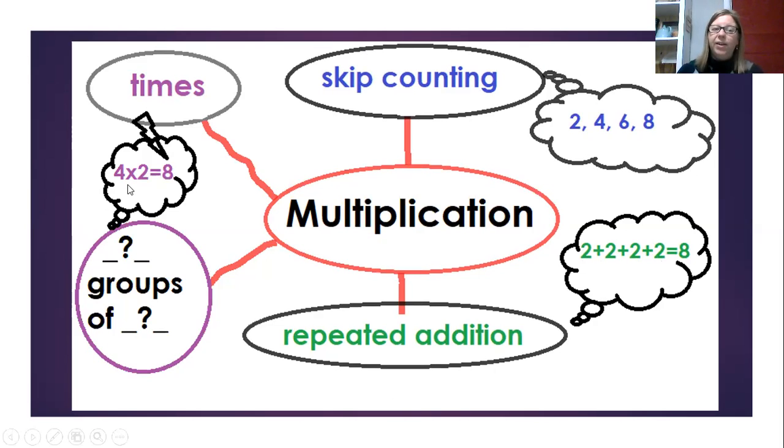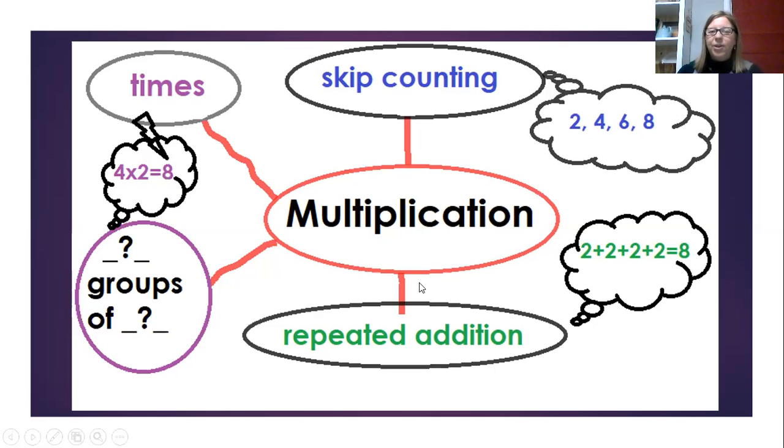Or it could be thought of this way: 4 times 2 equals 8. Or 4, and then the X can mean groups of. 4 groups of 2 equals 8.